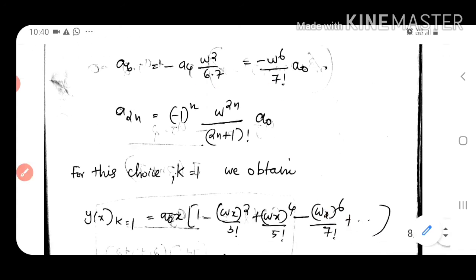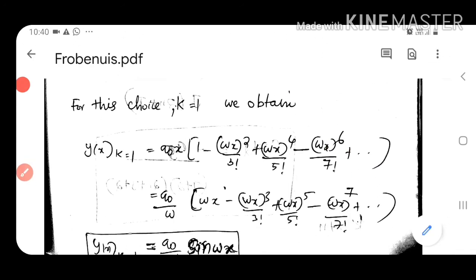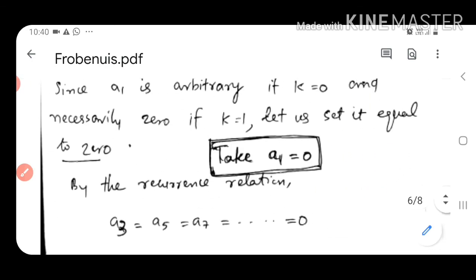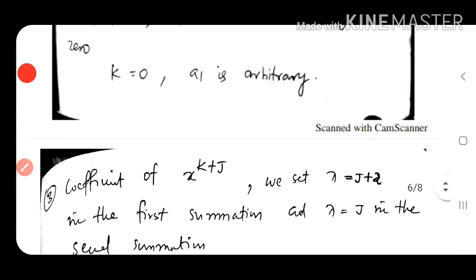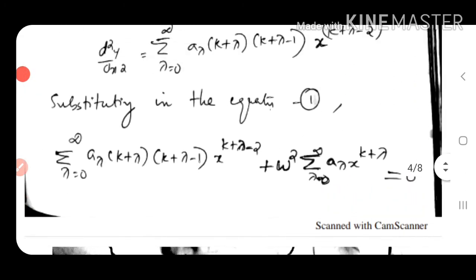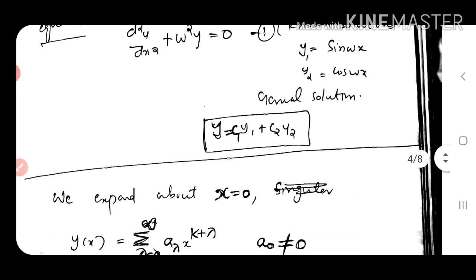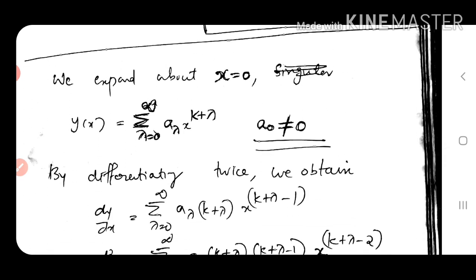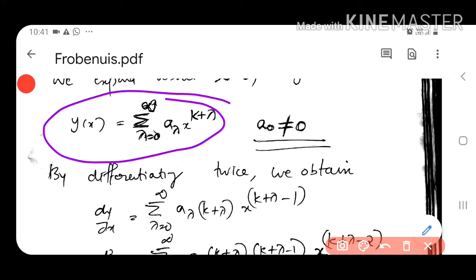As we substitute in the series by taking k equal to 1, when you expand the series, you have to take k equal to 1. So a0 x will be the first term, then a2 x cube will be the second term.